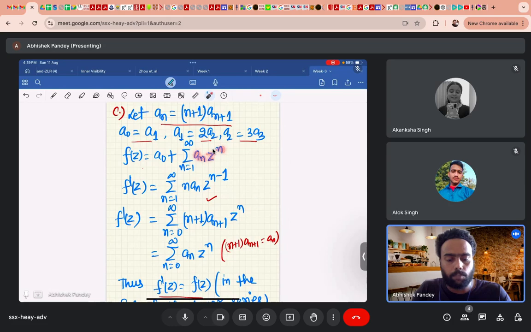What is the derivative of this power series? That will be n a_n z^(n-1), isn't it? Now what is this one? If you start from 0 and take, let us say, n minus 1 as capital N, you will run through this one.